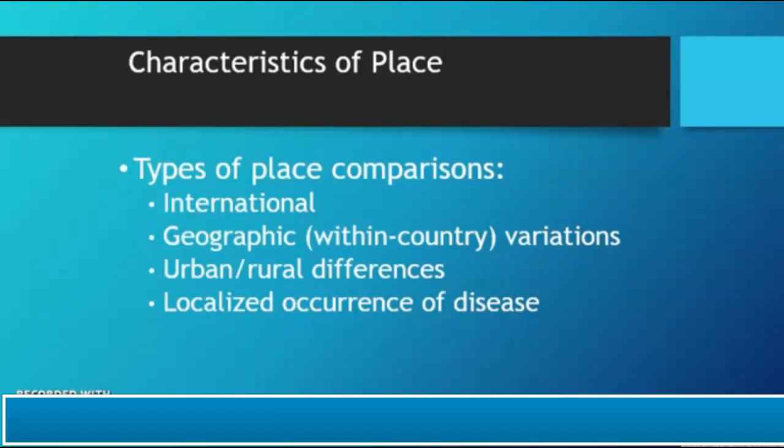So, characteristics of place, where you live: there are geographic variations in certain disease rates. Things like stroke, there's a higher preponderance of stroke in certain regions of the United States.